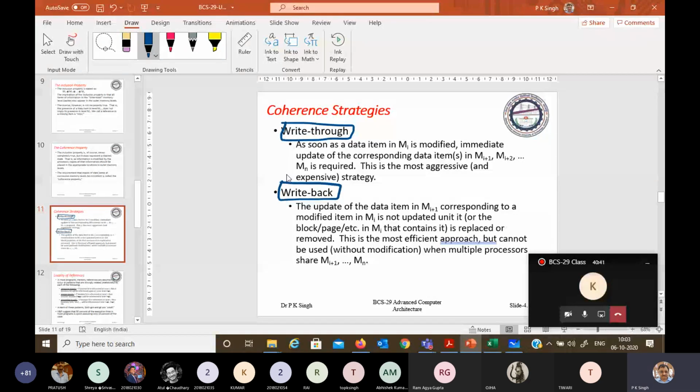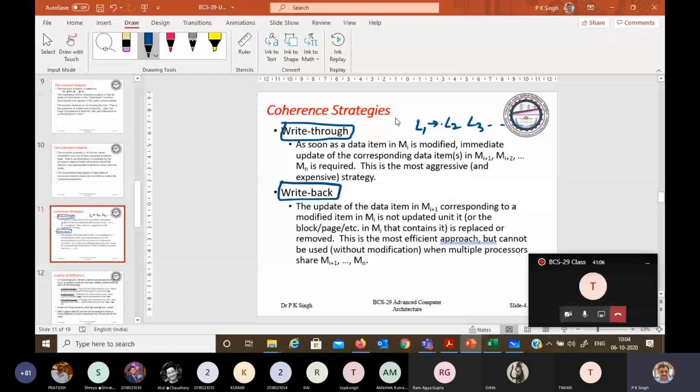Write through means when the information is going to be modified in the lower level, that is level 1, by the processor, simultaneously it will modify the information in upper levels like L2, L3, and so on.